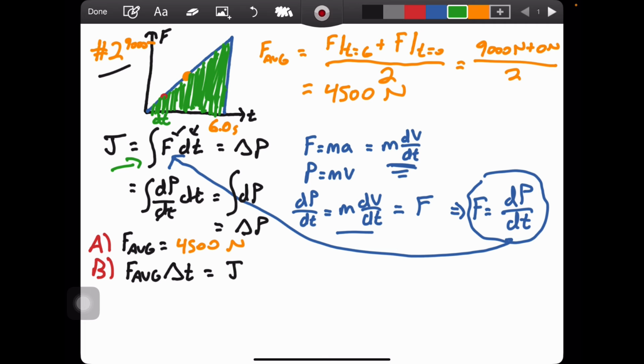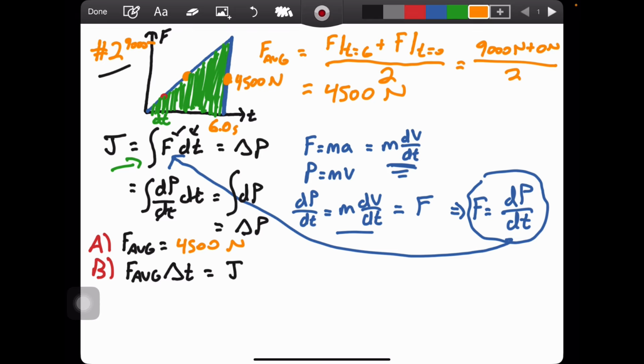So one way you can think of it is you can think of this blue leg of the triangle as the base, and we know that halfway, which is about right here, the force is 4,500 newtons. That's what the average force was.